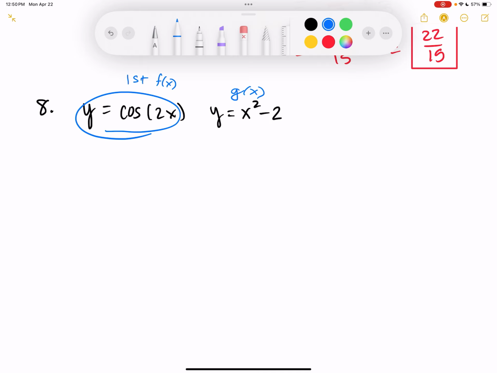So hit second, trace, and then it's intersect, option 5. Arrow until it's on the one graph. Notice how it's on my cosine graph right now. You can have it on the other one first, it doesn't matter. Hit enter, that's your first curve. Then it asks for the second curve, and mine automatically jumps to the other graph. Hit enter, guess, hit enter. It's going to tell you that the intersection point is at negative 1.153-ish.